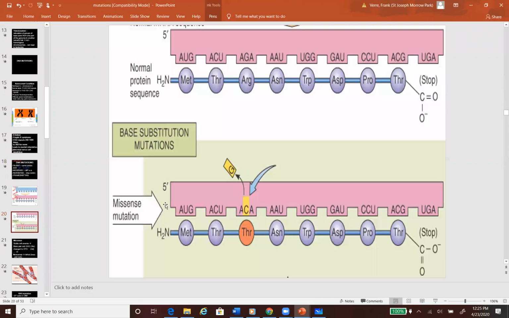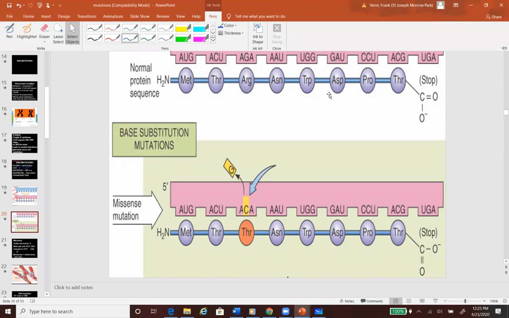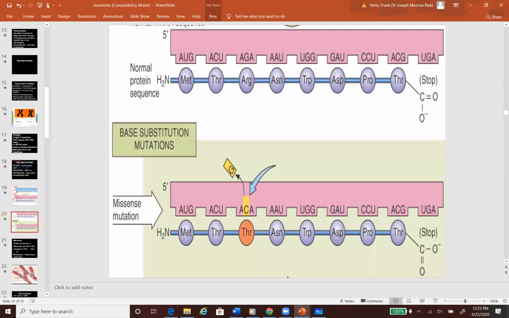So for example, you can see the third codon is supposed to be AGA. Now, if a mistake is made and it's now ACA, so the letter G is a point mutation, okay, a specific point in the DNA sequence, where the G now is a C for whatever reason, because mistakes do happen in this process. It's rare, but they do happen.